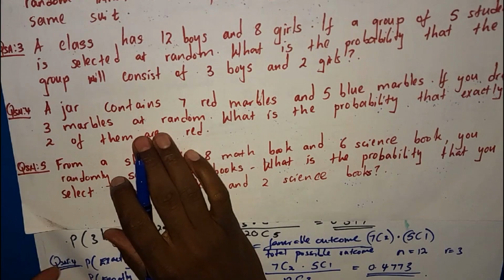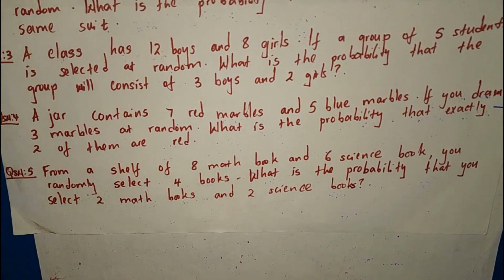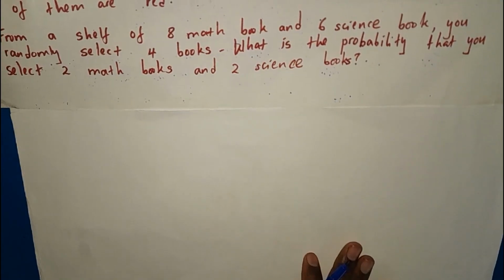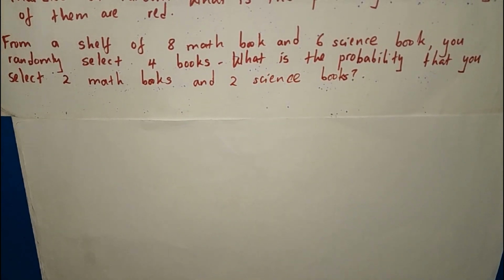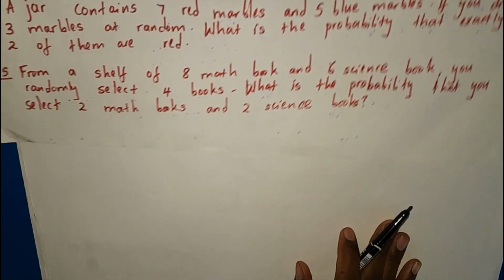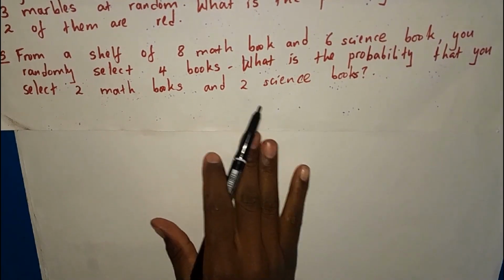So now let us look at number 5. We are given a statement saying that from a shelf of 8 maths books and 6 science books, you will randomly select 4 books. What is the probability that you select 2 maths books and 2 science books?